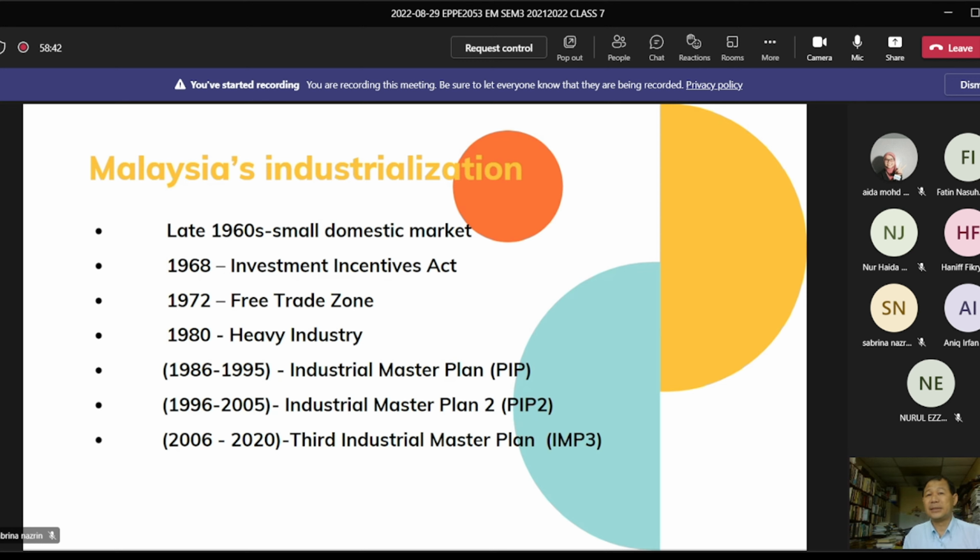Companies, foreign investors, or investors that came to Malaya at that time would be exempted from corporate or company tax for 10 years.